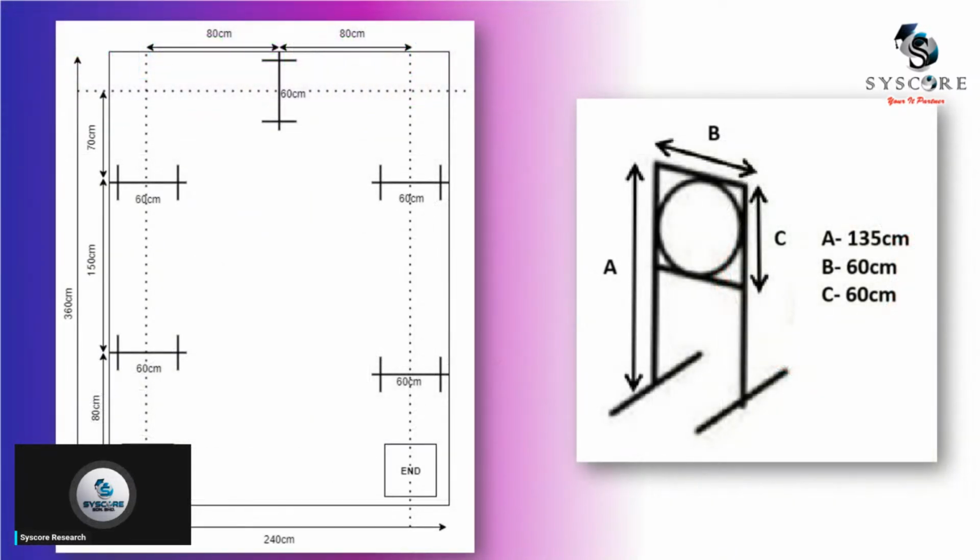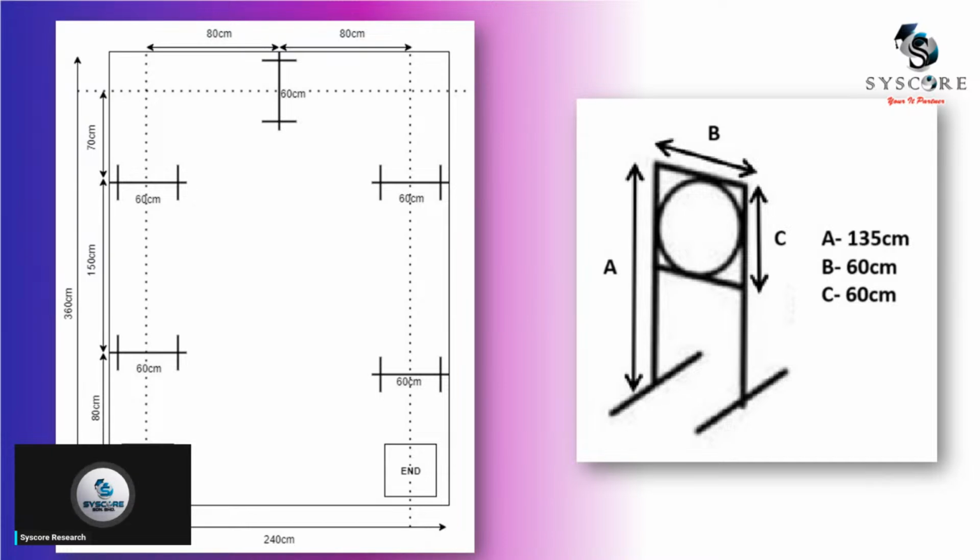Okay, so this is the map dimension. The total length of the map is 360 cm, and the total width is 240 cm. There are five obstacle places on the map.